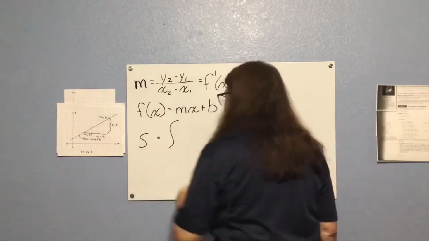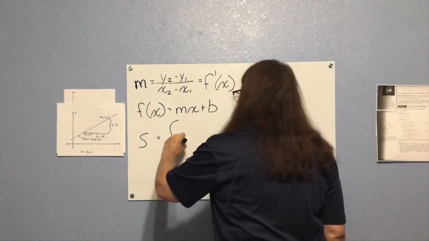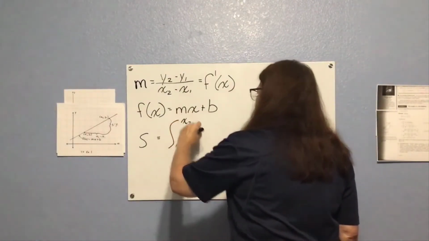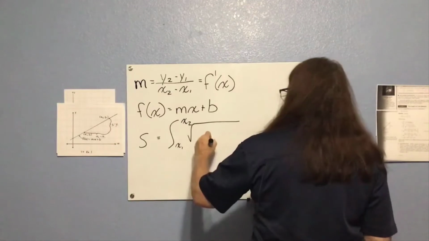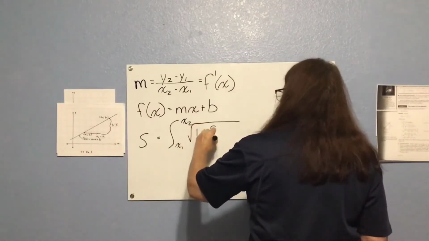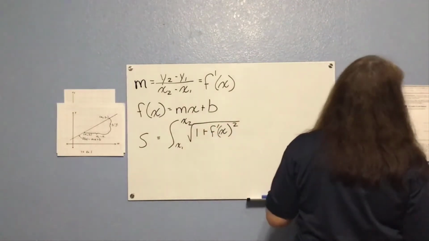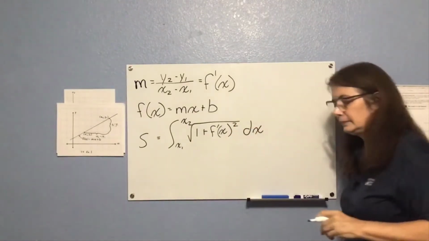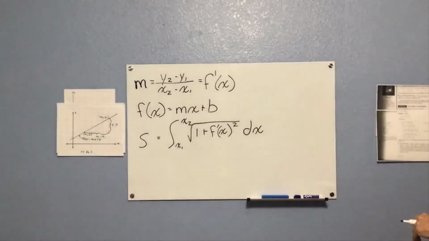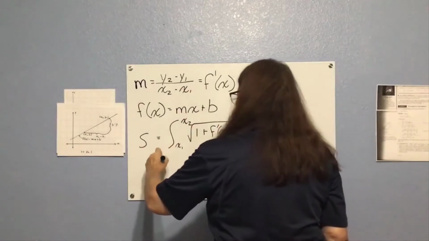And so we're going to write this integral s between x1 and x2 is going to be the square root of 1 plus f prime of x squared dx. So that's the equation we're going to use. And now we're going to replace that f prime of x with this expression that we had.